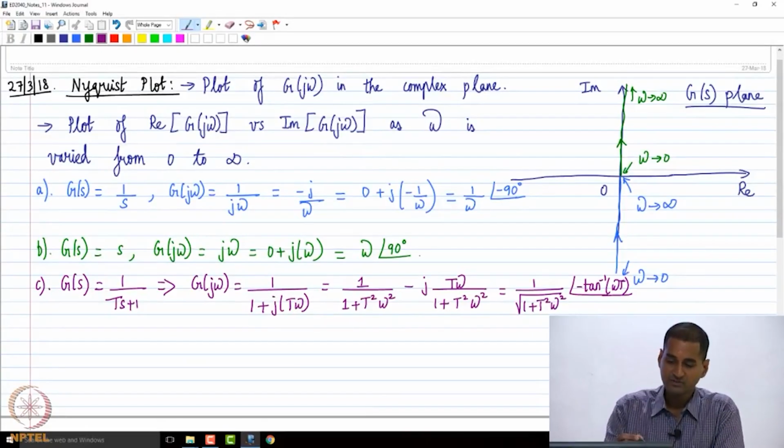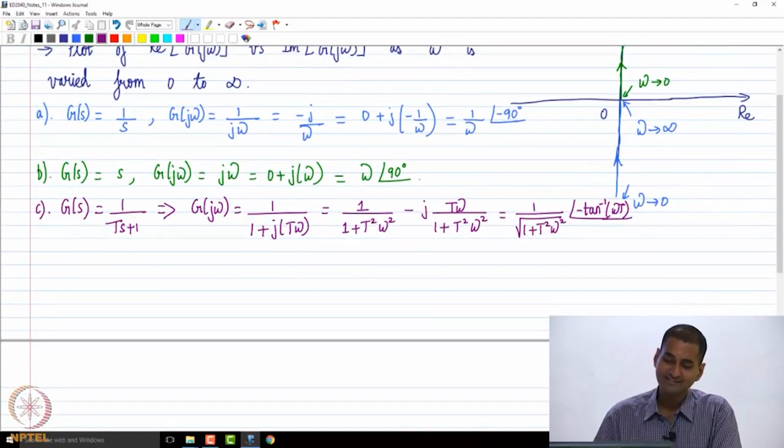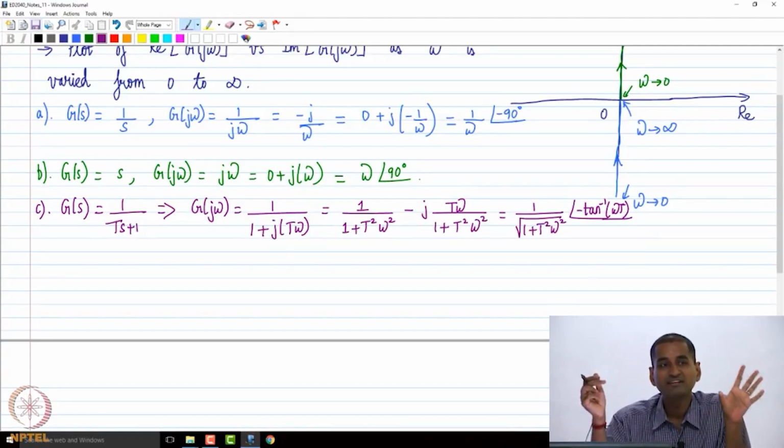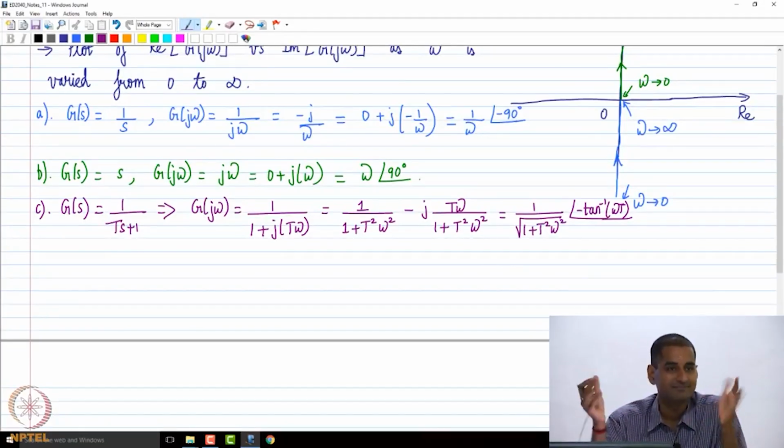Is it clear? So now I'm going to help you with something which is good practice in plotting Nyquist plots. You will see that, as opposed to a Bode diagram, plotting the Nyquist plot of a general transfer function is a little bit more challenging. In the Bode plot, you give me any transfer function, I break it down into individual blocks, plot the magnitude and phase of the individual blocks, add them, that is it, right?